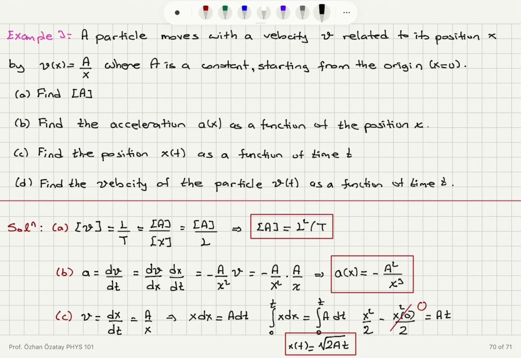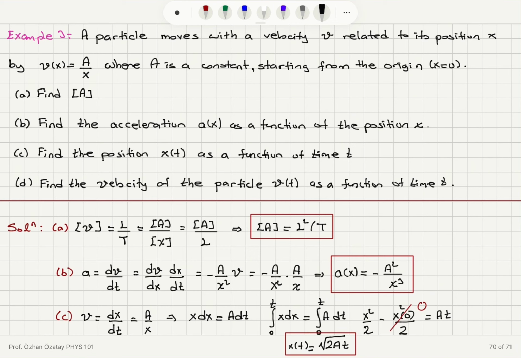Now, using the relationship between acceleration and velocity, a is dv dt, v is a over x, but x is a function of t, so it is dv dx dx dt. dv dx is minus a over x squared, dx dt is v, so we can find acceleration as a function of position minus a squared over x cubed.